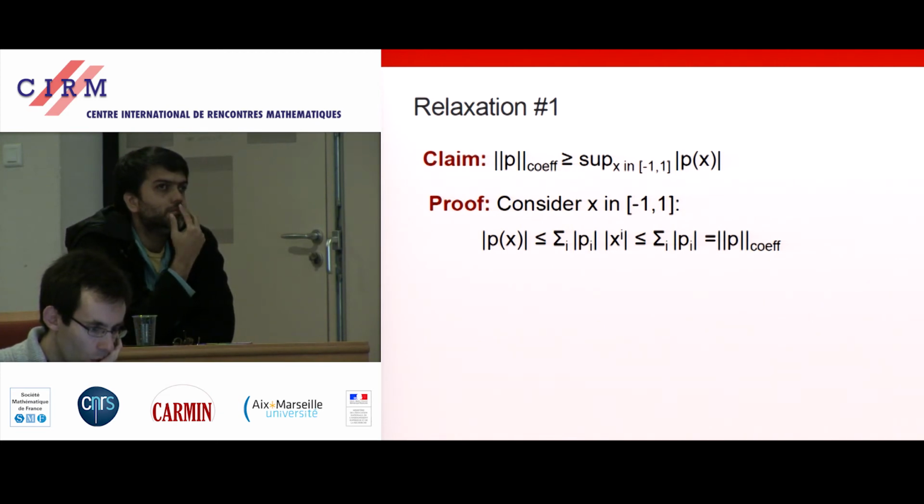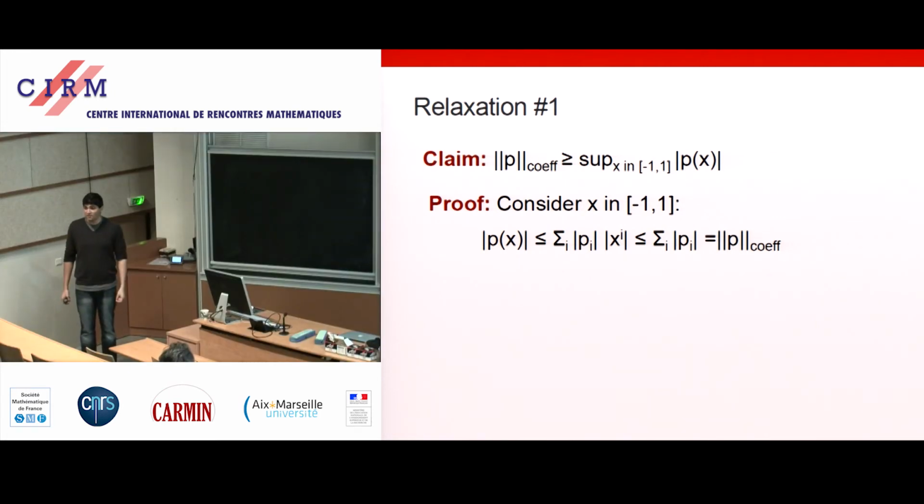The magnitude of p of x is upper bounded via triangle inequality, and each of these x to the i is at most 1. So I get, lo and behold, the coefficient norm. So if you take any polynomial and draw it on the real line, in the interval -1 to 1, its max value is a lower bound that it has some non-negligible coefficient.